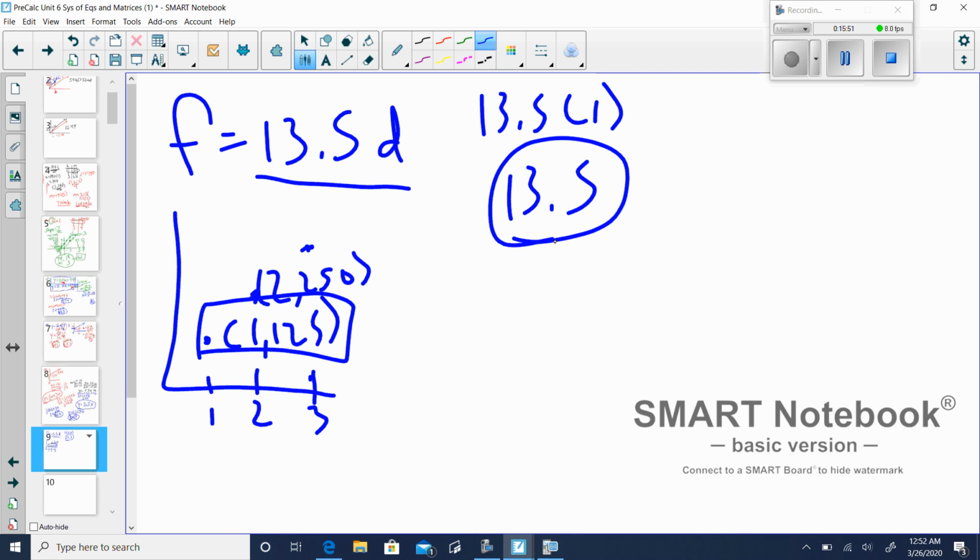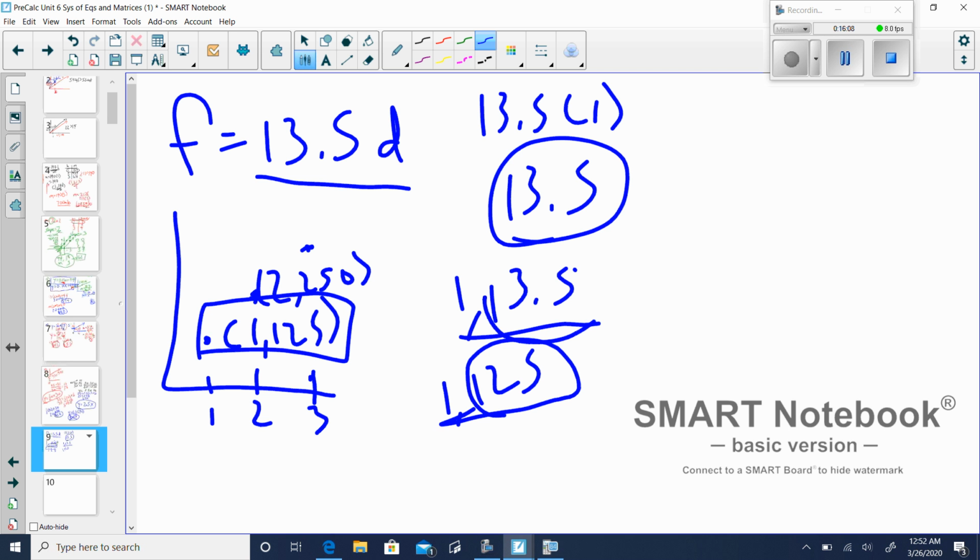Well, we want to compare these functions by looking at their rates of change. So if I have 1 day with a tiger, he's eating 13.5 pounds of food. If I have 1 day with an elephant, he's eating 125 pounds of food. Ooh, well, that's interesting. So the rate of change for the tiger is 13.5.